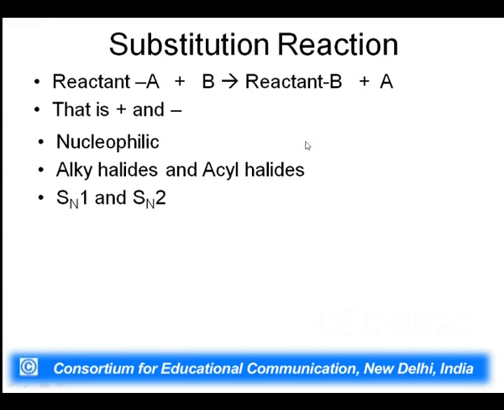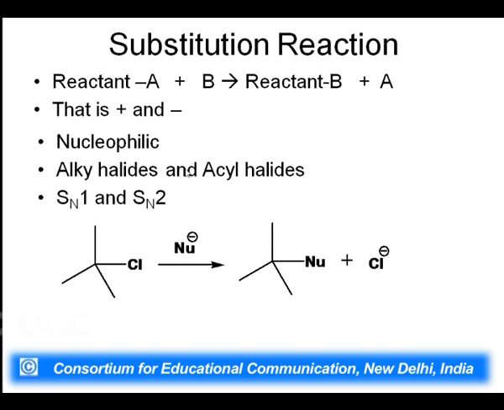To make you understand, first of all we will be doing nucleophilic substitution reaction. We would deal with this reaction in detail whenever we are doing the reactions of alkyl halides and acyl halides. I have taken the example of alkyl halides. The type may be SN1 and SN2, as in case of elimination it was E1 and E2.